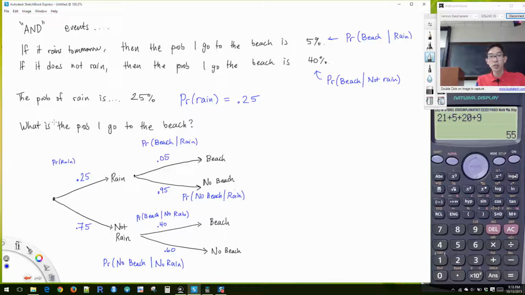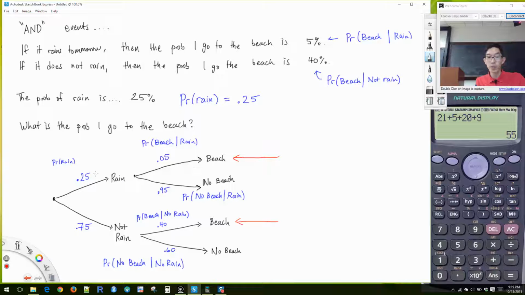Everything okay labeling this entire thing? So then what's the total probability I end up going to the beach? To get that, we ask where we end up at the beach. We end up at the beach right here, and right here. So what's the chance that it rains and I still go to the beach?